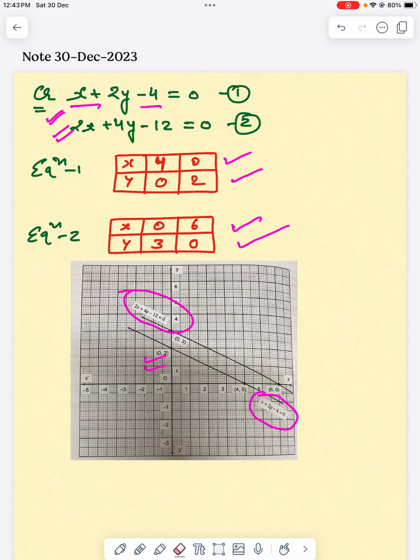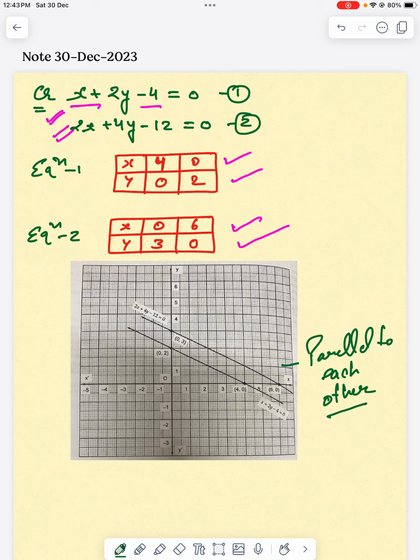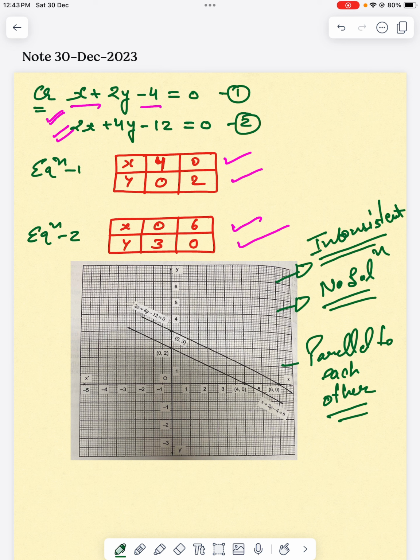So you can see from the graph they are non-intersecting because they do not intersect at any point, because these are parallel to each other, right? That means the given pair of linear equations has no solution. No solution means the given pair of system is inconsistent. This is the inconsistent pair of linear equations, right?